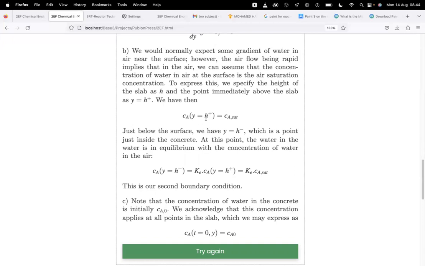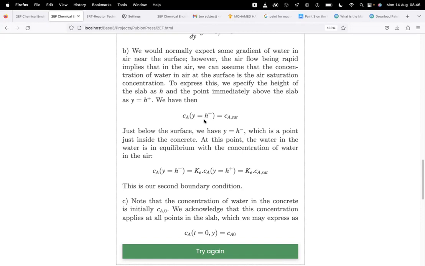So when we say Y equals H plus, that means just above the surface, right? So the slab is H units high. And so looking at a point just above the surface, that's why we say the plus. You can think of this as H plus some very small step above the surface. So we just call it H plus.